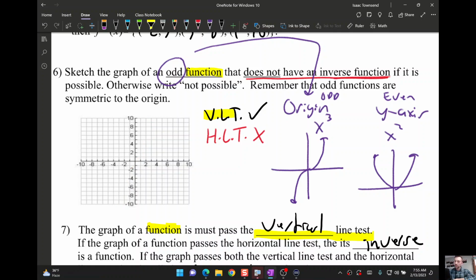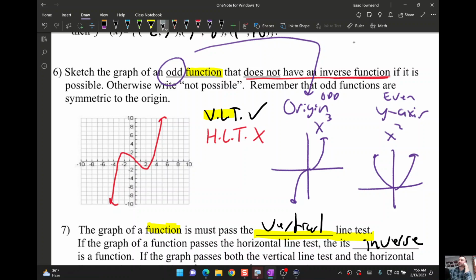All you had to do was give this a little bit of a bump, so that with symmetry, you got a little bit of a bump there. Now it's got the right type of symmetry to be an odd function. It's a function because it passes the vertical line test, but its inverse is not a function because the one I came up with does not pass the horizontal line test.